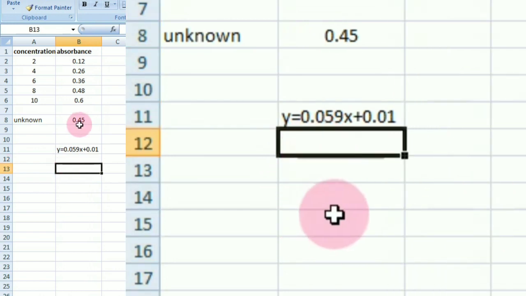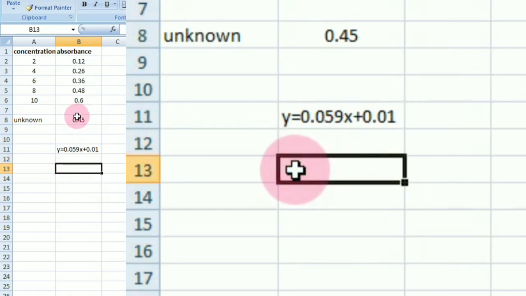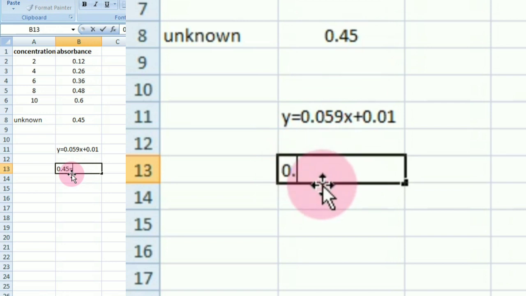So this 0.45 I am going to substitute in this y place. The equation would be 0.45 is equal to 0.059 x plus 0.01.